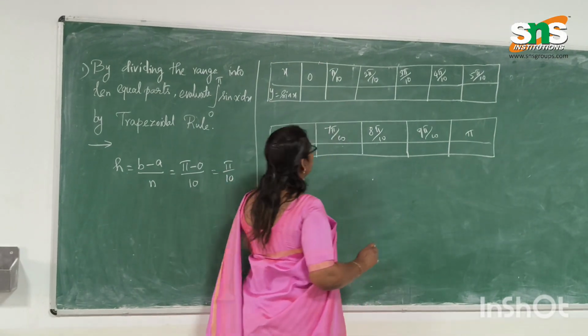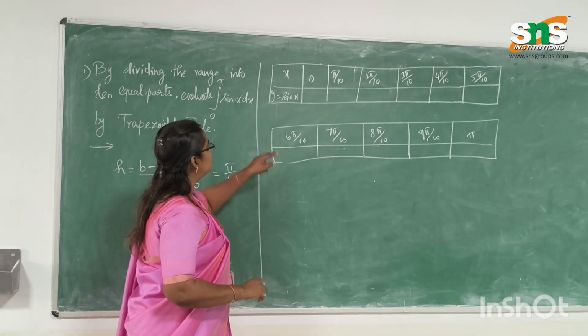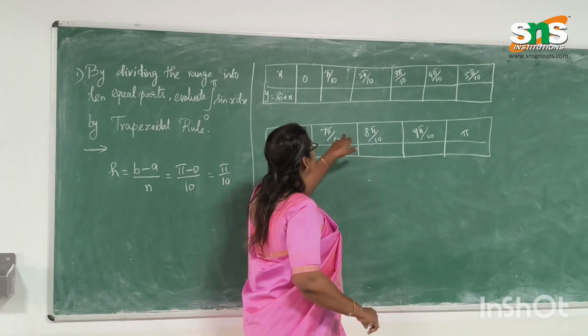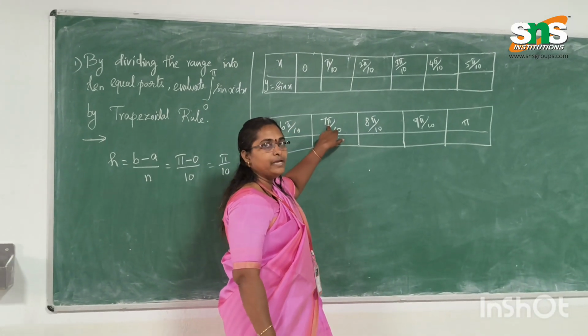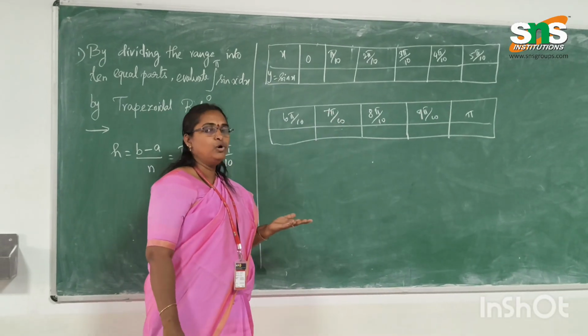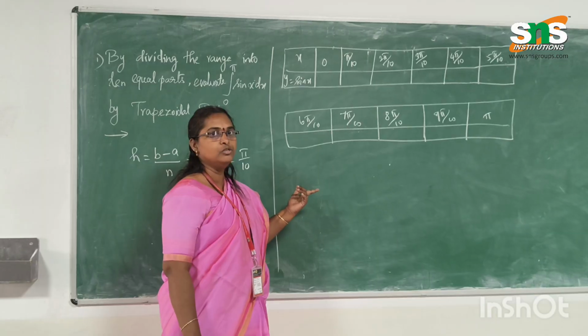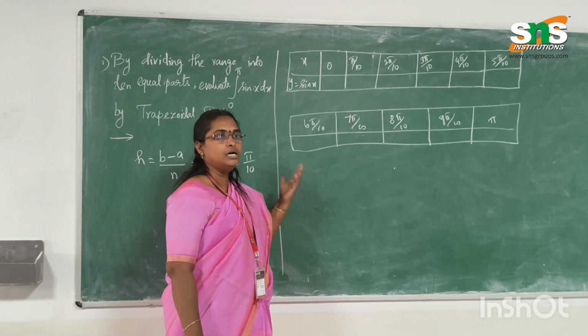Now we are going to get the values. Instead of x, we replace these theta values, which are in radians. So we need to change the calculator to radian mode; we can't do it in degree mode.